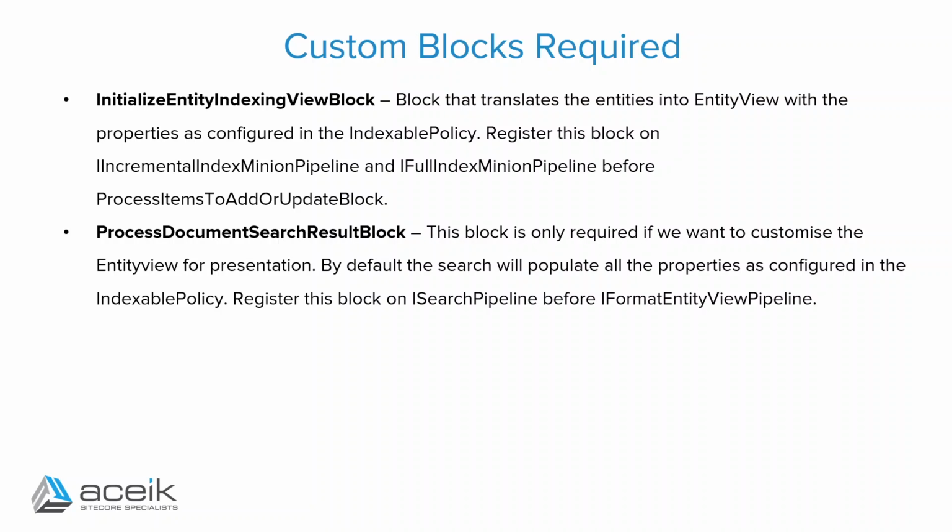You only need that if you want to customize the results in the business tools, which I'll show you in a bit. What that block does is take the view, and you might want to replace one of the properties to be a link to somewhere. That's what you do in that block.